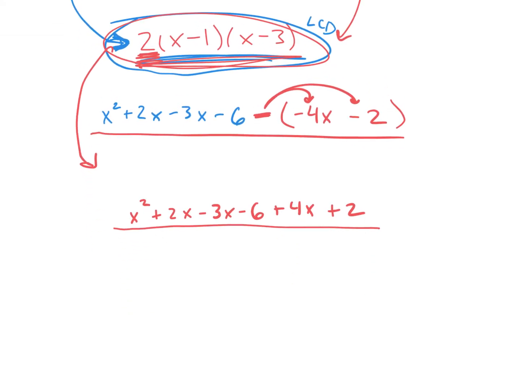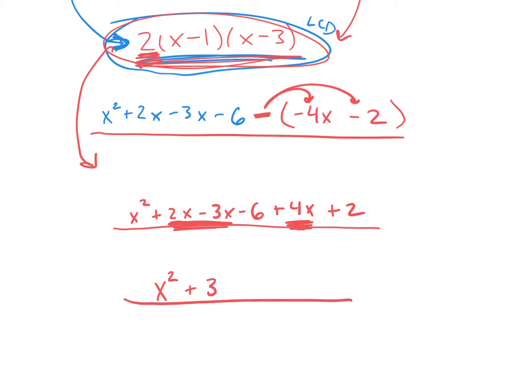Now I can simplify more. I need to combine all of my like terms. So I have an x squared term. Do I have any other x squareds? Nope. So I start with x squared. What comes next? So 2x minus 3x plus 4x. So that would give us 3x. Perfect.